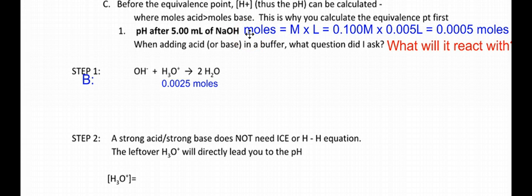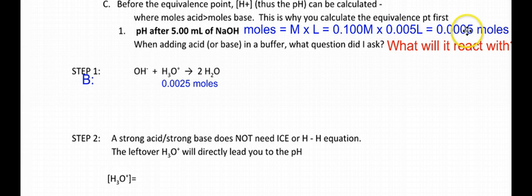And of course, you should know this: moles is equal to molarity times liters. I know the molarity, and again, this isn't going to change. This is going to be the same number we're going to use over and over again. But this 5.00 mL is 0.005 liters. Again, you have to be in liters so you can find moles. And so this is how many moles of sodium hydroxide I put into the system.